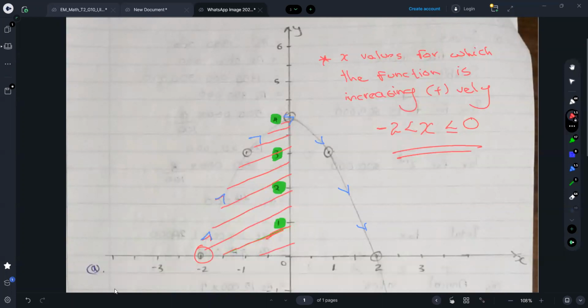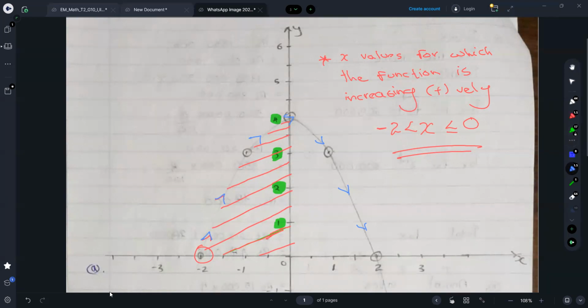Okay. Now, if they ask us to write the values of x for which the function is decreasing positively, what can be written? Decreasing positively. Then we should identify the area.